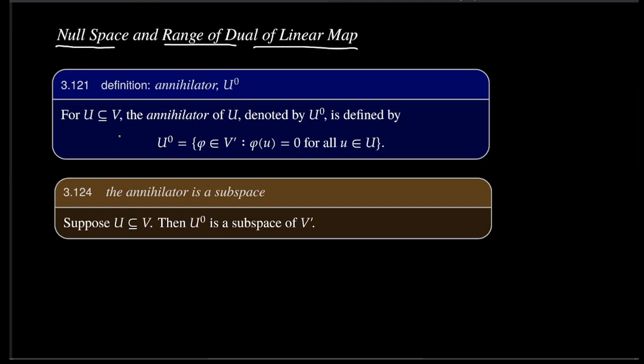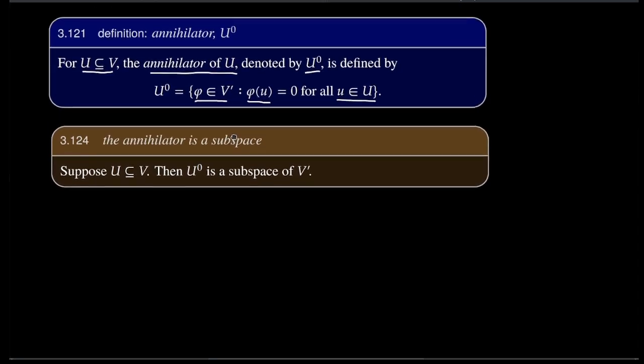All right, here's the idea. Having dual spaces lets us get from subspaces other subspaces. So take U to be a subset of V, could potentially be a subspace. The annihilator of U, which we'll denote by U0, is defined to be the set of linear functionals phi such that phi of u is 0 for all u in U. Here's the idea.